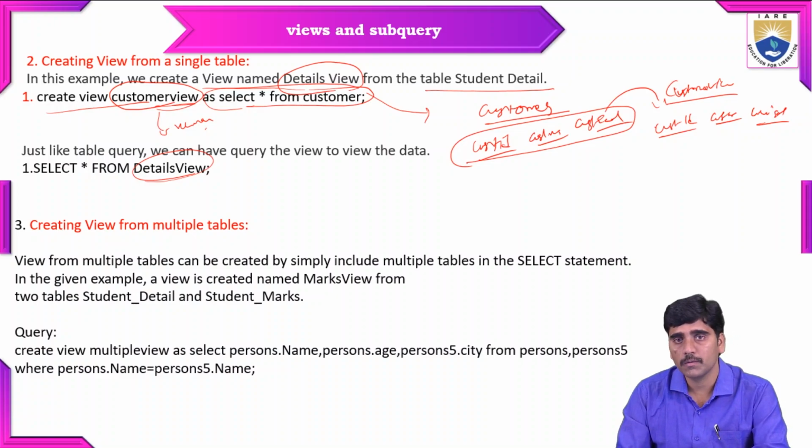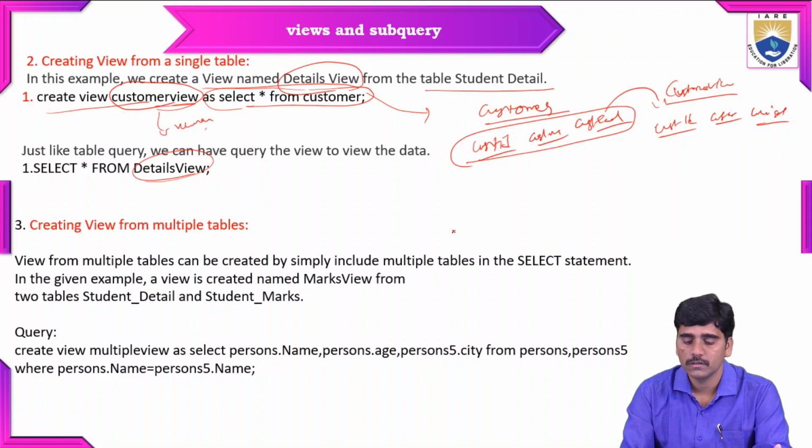Creating a view from multiple tables. Suppose this is table 1, which contains the columns ID and name, and this is table 2, which contains salary and address.